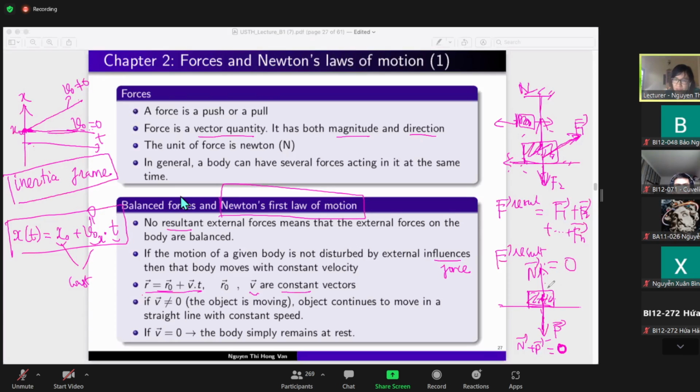Okay, so the first law of Newton says that if the frame of the floor is inertial and the body is at rest, it will stay at rest forever.